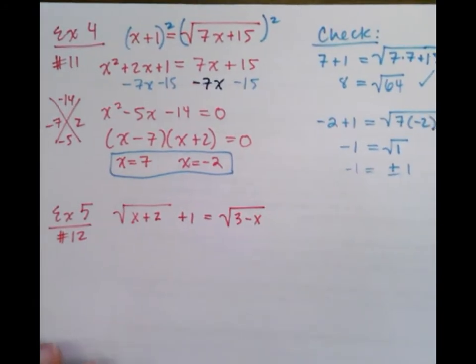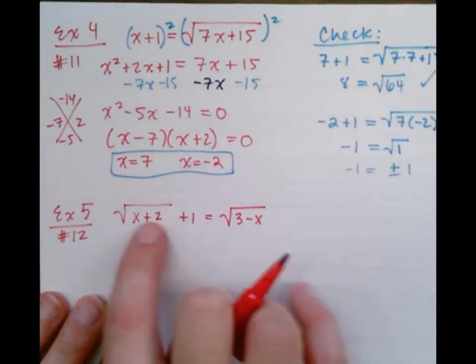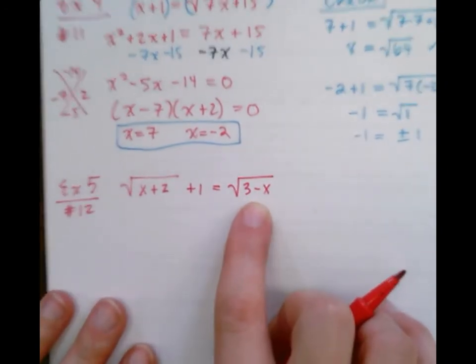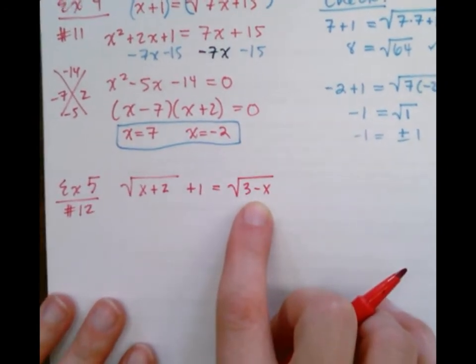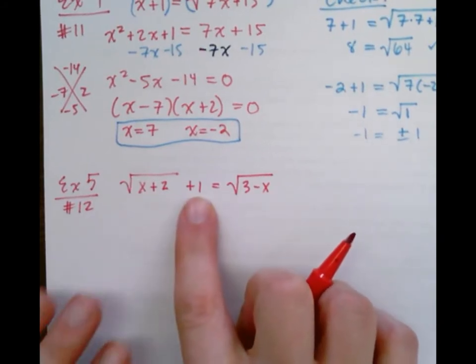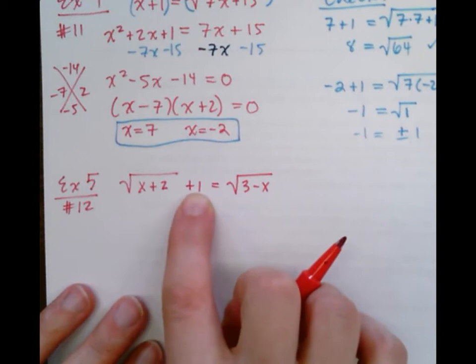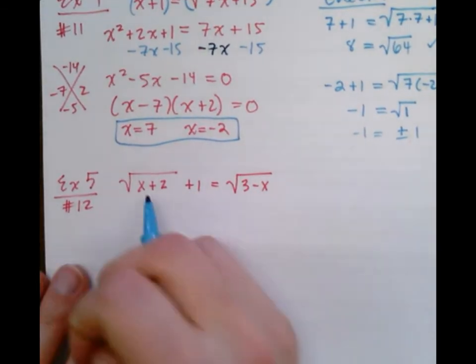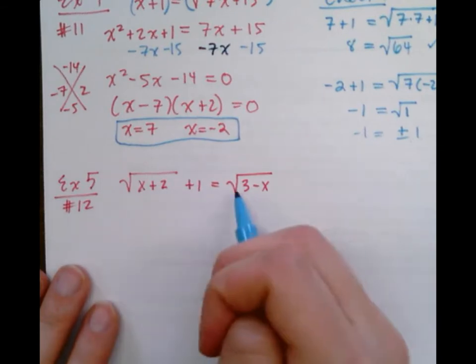Now this one is a little bit different because there's two radicals now. There's one on each side. And the issue becomes that we can't get both of them by themselves on one side, because one of the two is always going to have that plus 1 on the same side as it, right? So there's no nice place to put that plus 1. We just kind of have to deal with it. And the way we deal with it is we are going to square both sides to get rid of the square root.